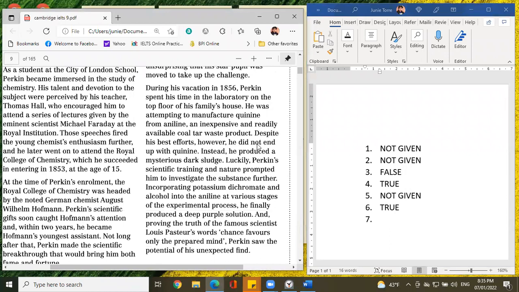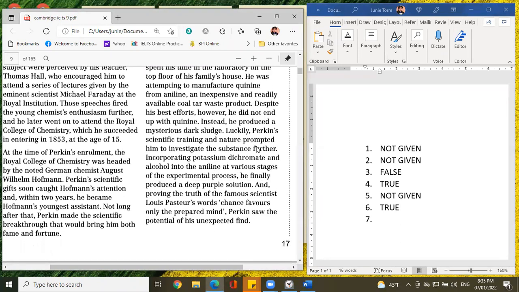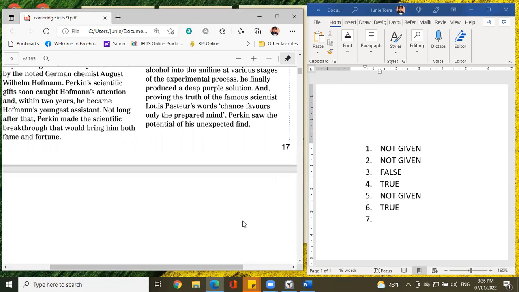Despite his best efforts, however, he did not end up with quinine. Instead, he produced a mysterious dark sludge. Luckily, Perkin's scientific training prompted him to investigate the substance further. Incorporating potassium dichromate and alcohol into the aniline at various stages of the experimental process, he finally produced a deep purple solution, proving the truth of the famous scientist Louis Pasteur's words, 'Chance favors only the prepared mind.' Perkin saw the potential of his unexpected find."